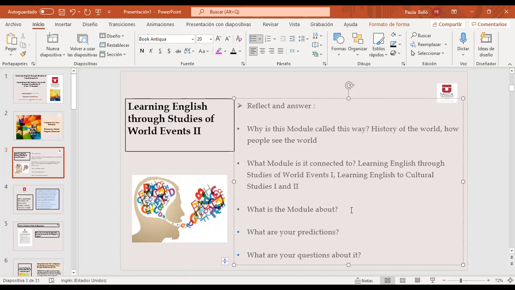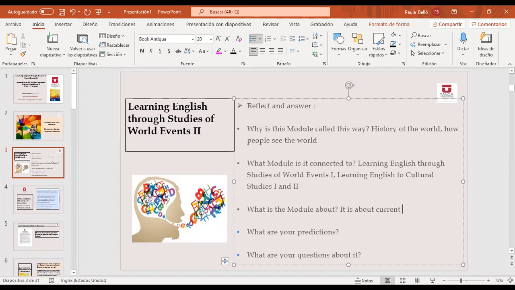Come on. What is the module about? ¿De qué se trata este módulo entonces? History, and we develop skills related to English. I don't know.